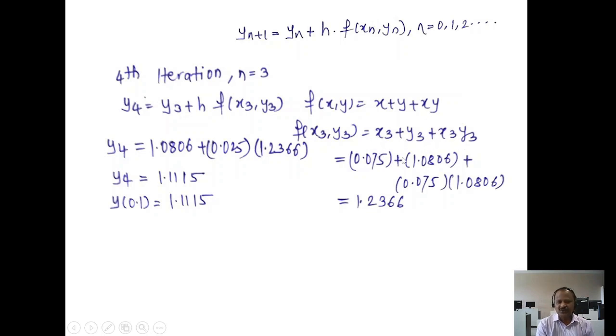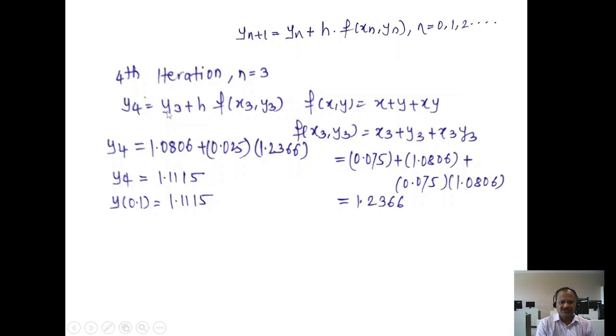All values are known. So x3 is 0.075 plus y3 is 1.0806 plus x3 which is 0.075 into y3 which is 1.0806. So do your multiplication, again summation here. So the answer is 1.2366. Now this value you can put in this equation.